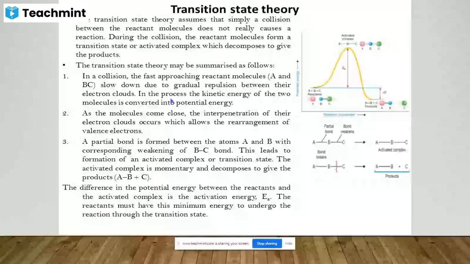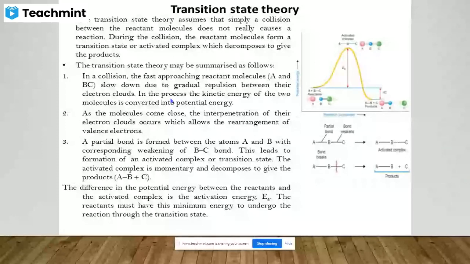In chemical reactions, we represent it in square brackets, which means that it exists for a short time and is a transition state. This theory was explained by the scientists Polanyi, Eyring, Polzer, Wigner, and others.